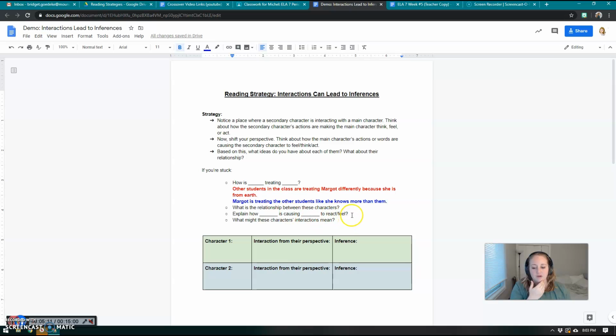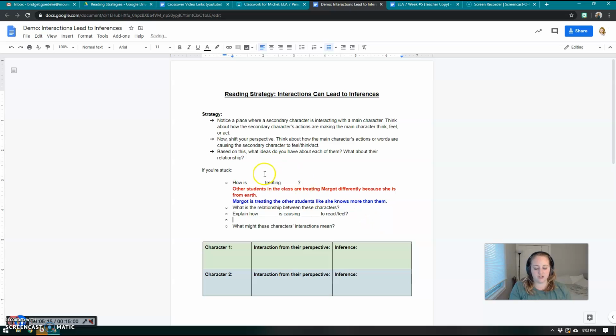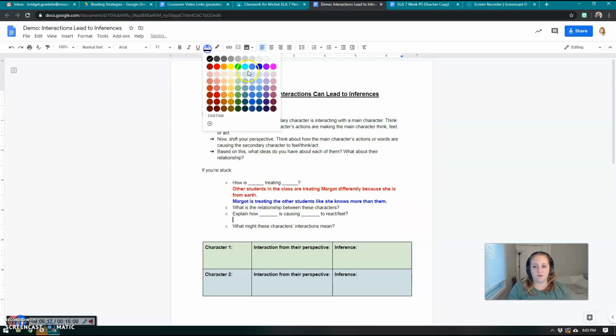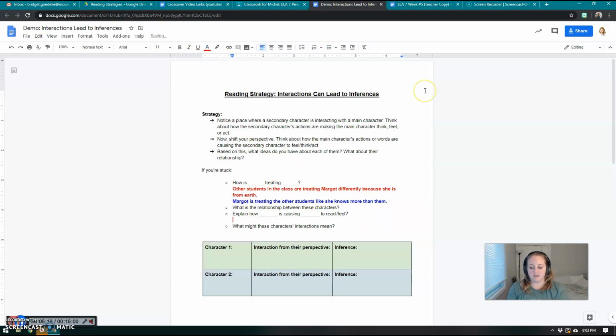Explain how one character is causing the other character to react or feel. Well, definitely the other kids in the class are causing Margot to feel extremely depressed.